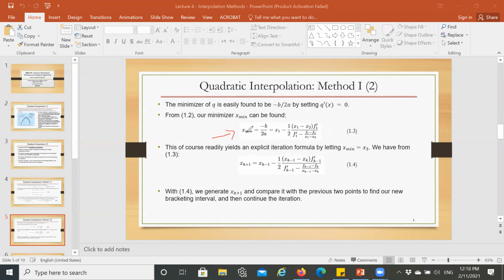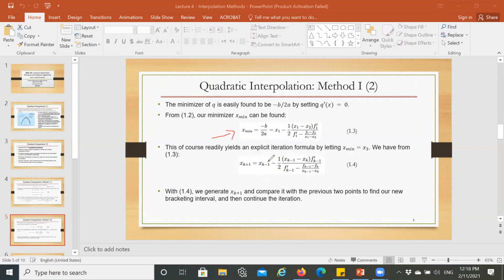We found a new point, and then we have to use the elimination method to eliminate some part of the interval. We can write this in an iterative manner: the new point is equal to the previous point minus the other point. So x1, x2 we can write as k minus 1 and k, because x1 is less than x2.